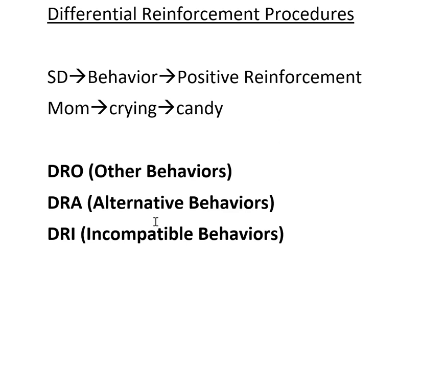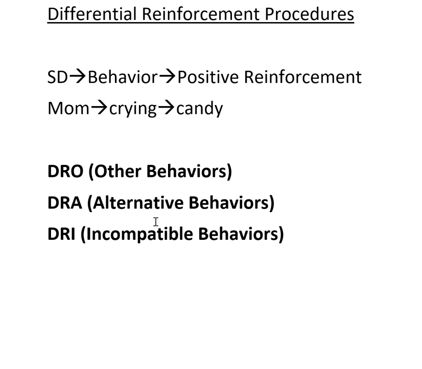And then when he cries again, now you say it only once, and the next time you're in the supermarket he cries again, you ignore it because you're doing extinction. You do not give the candy. Okay, so that's differential reinforcement of alternative behavior, which again means that you are reinforcing another behavior that you want to increase, a replacement behavior. And you're reinforcing it with the same thing, candy, and you're putting crying on extinction, which means you're no longer reinforcing it.